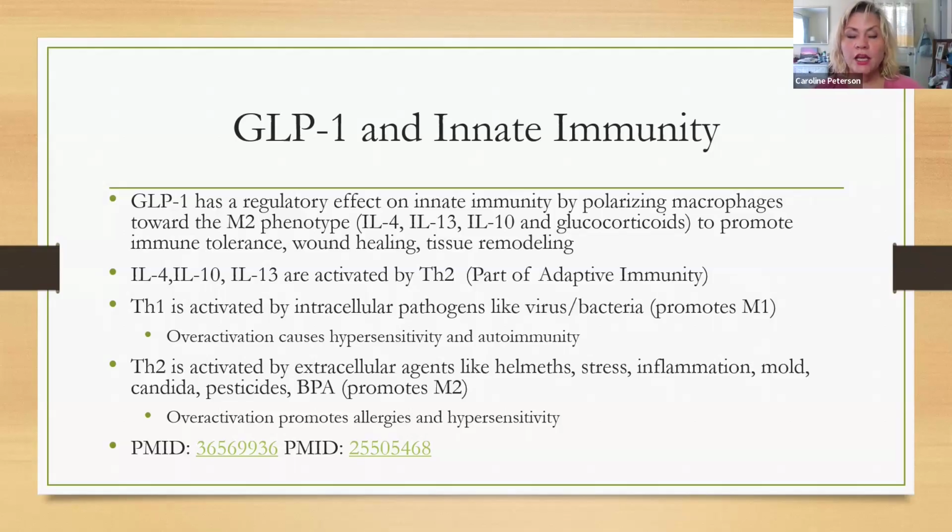The GLP1 causes these macrophages in the innate immune system to polarize, or change shape and function, into an M2 phenotype to promote immune tolerance, wound healing, and tissue remodeling. M2 is anti-inflammatory.